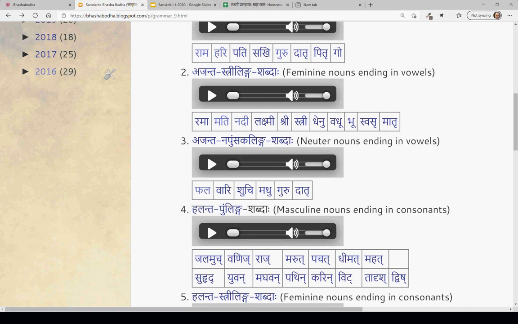Kavi is taken as a Pullinga word. And Kavitri becomes like Nadi, dirgha ikaranta. Is Kavihi like Ramaha? No. Kavi is like Hari, because it ends in short i. Okay, thank you, Mahodaya.